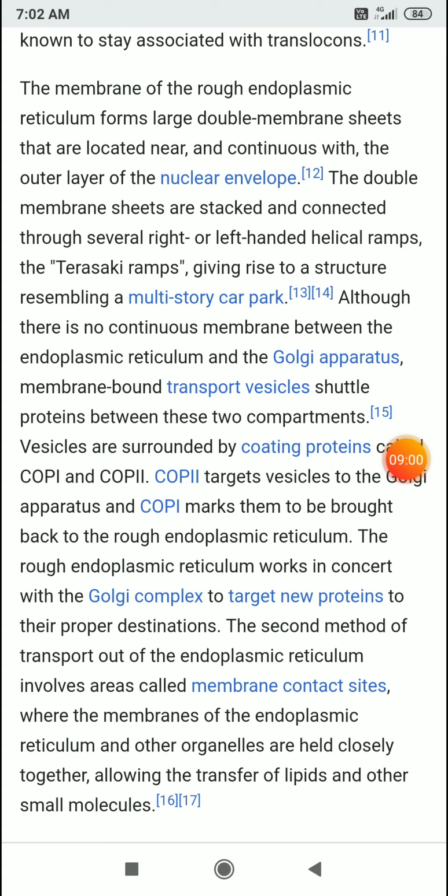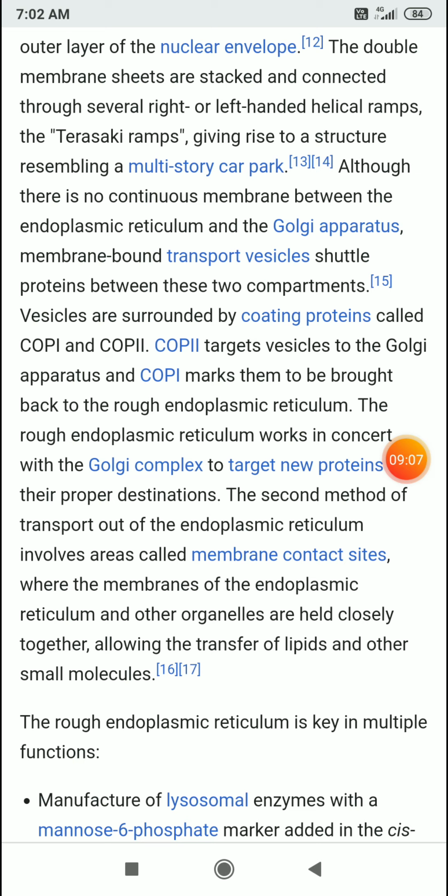There is no continuous membrane between the endoplasmic reticulum and the Golgi apparatus membrane. Membrane-bound transport vesicles shuttle proteins between these two compartments. Vesicles are surrounded by coating proteins called COPI and COPII. COPII targets vesicles to the Golgi apparatus, and COPI marks them to be brought back to the rough endoplasmic reticulum.